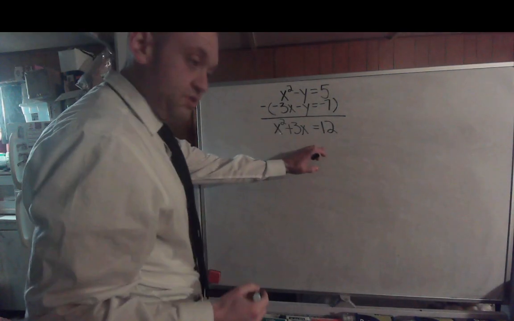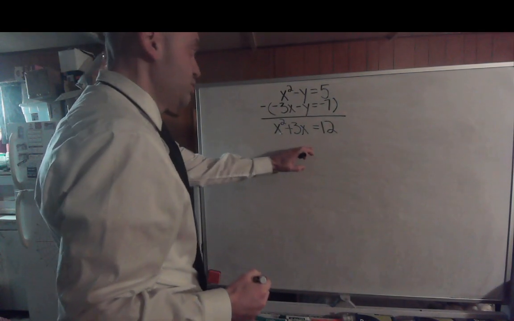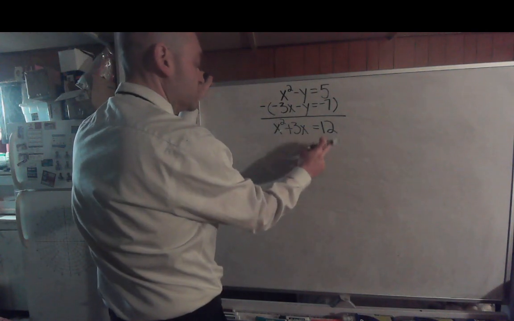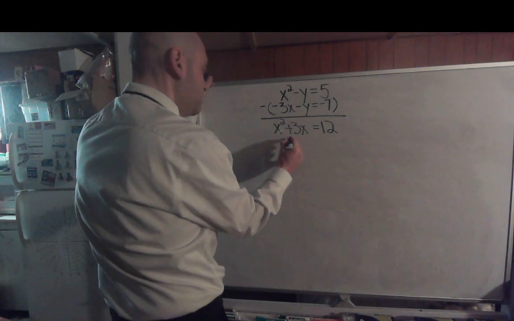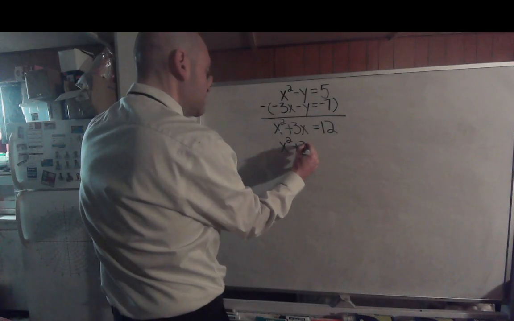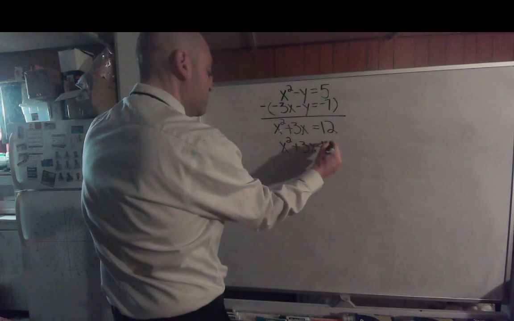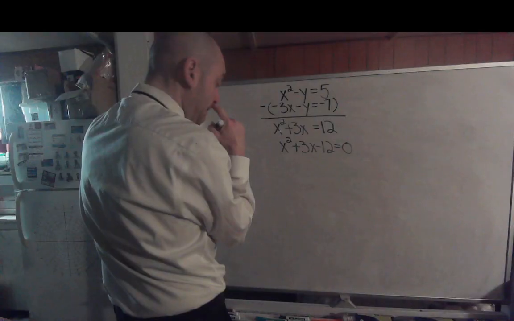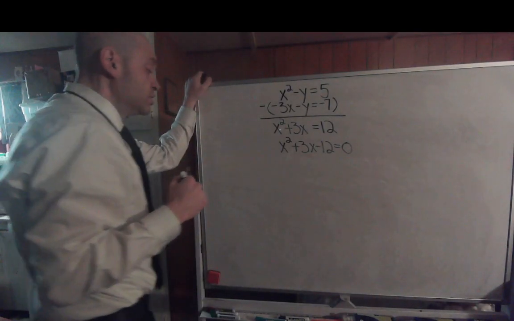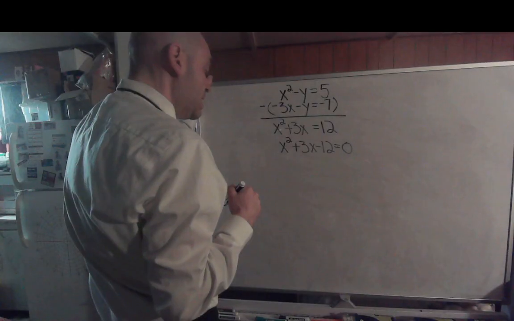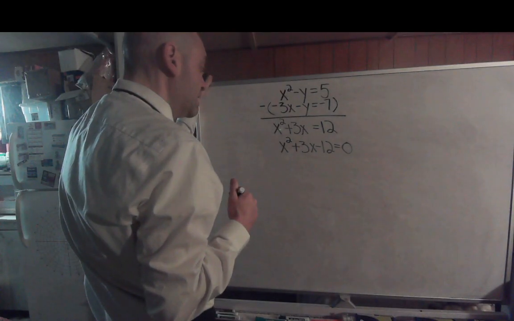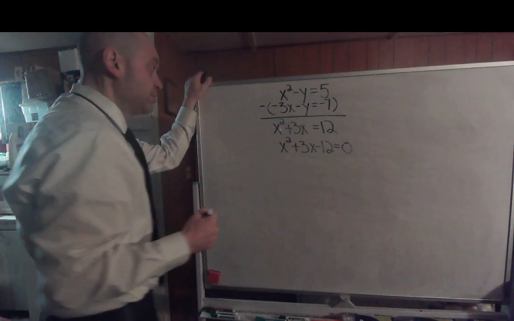So now you're down to a simple quadratic equation. So you have x squared plus 3x equals 12. As we know then, this would be x squared plus 3x minus 12 equals 0. It doesn't look like it's going to factor nicely, so let's do the quadratic formula here.